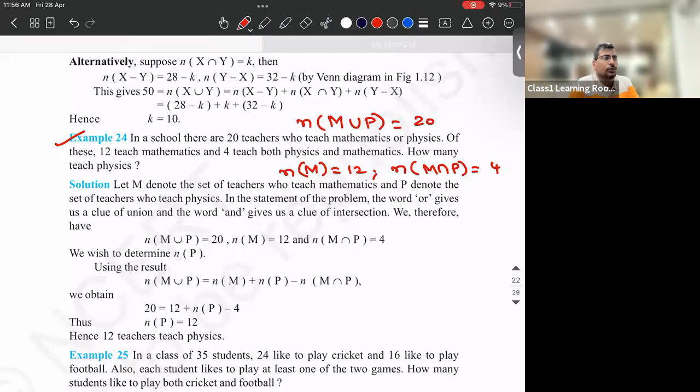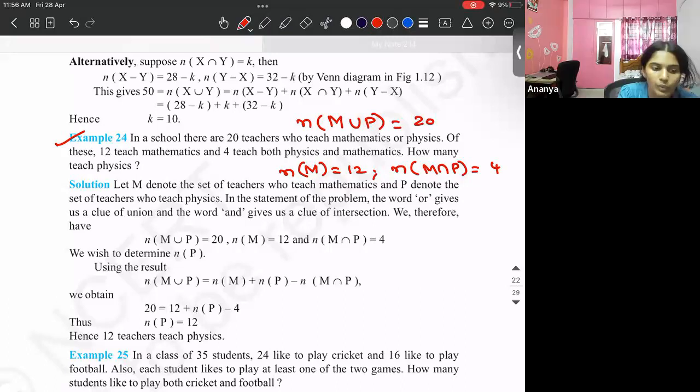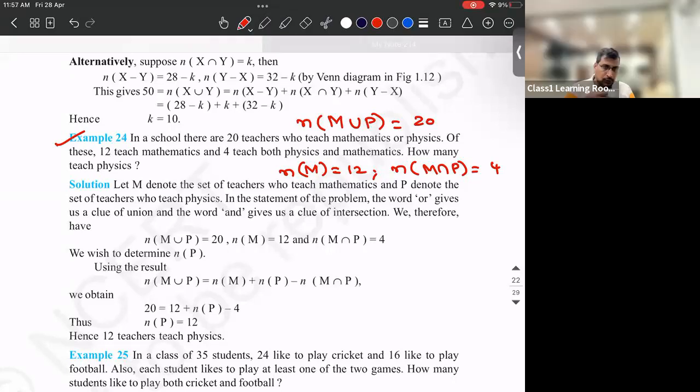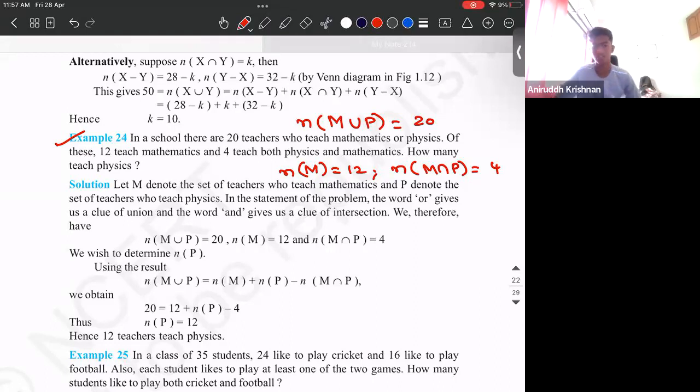One unknown, one equation, solve it. Is it 12? So, number of teachers who teach physics is 12. Clear with that? Yes. So if you're clear with that, do the next one.